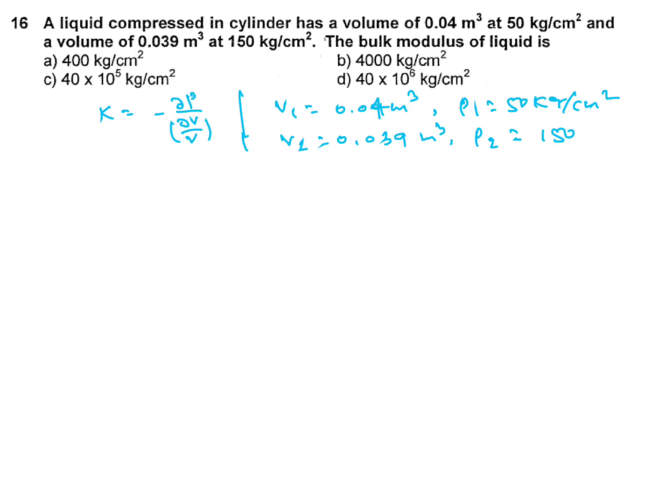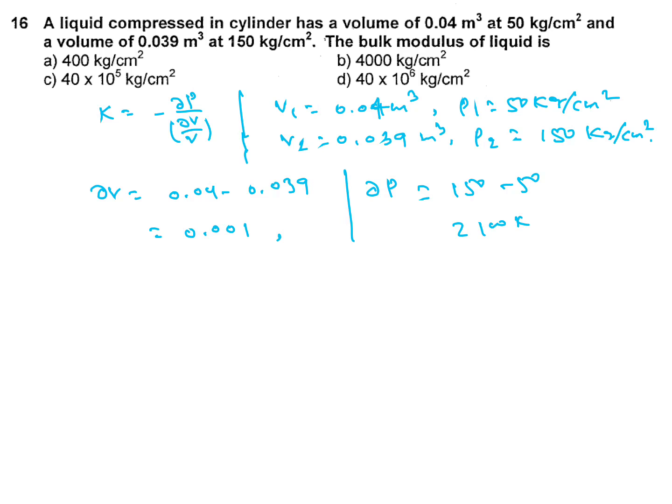So del V equal to 0.04 minus 0.039, it will come 0.001, and del P equal to 150 minus 50, which is 100 kg per centimeter square, and V is V1, 0.04 meter cube.